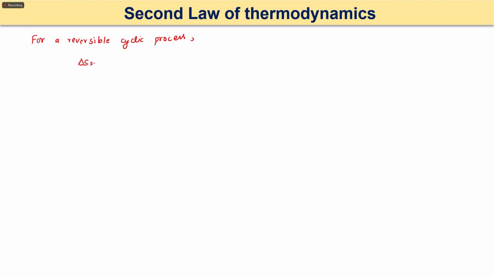So delta S of system plus delta S of surrounding is equal to 0. If this is the case, then delta S of system will be equal to the minus of delta S of surrounding.